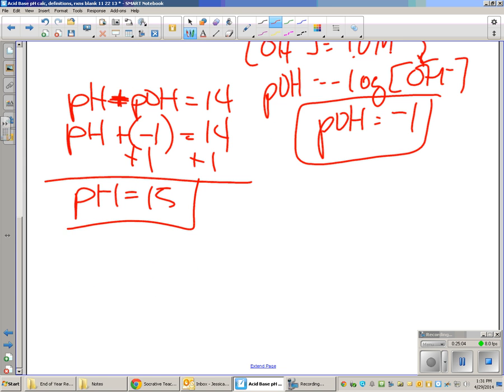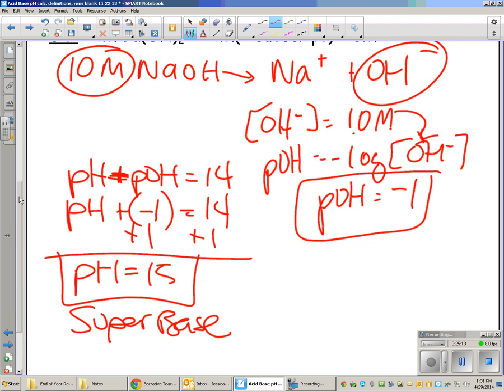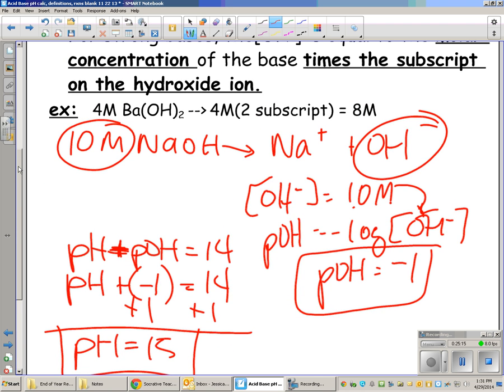Well, does that make any sense? Is that acidic, basic, or neutral? This is extremely basic. It's a super base, right? And guess what? I used a really strong base, and I had a heck of a lot of it. I had 10 molar. That's a lot. So that makes sense for it to be a really high pH. So I can give you one data point, and you can find all the other three. No problem.